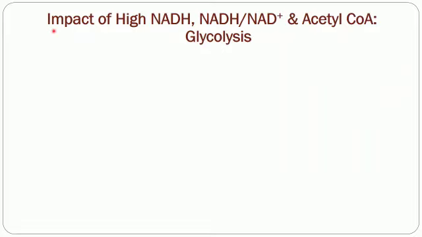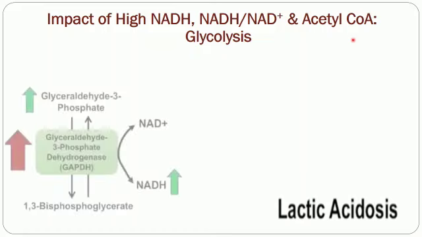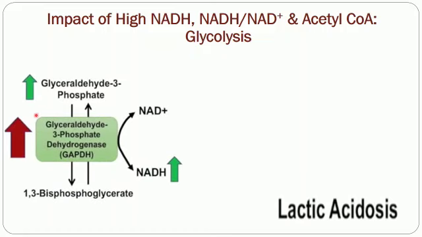Now let us see the impact of NADH, NADH to NAD ratio, and acetyl CoA on different pathways, which we just mentioned. We will discuss it a little more in detail. So the first thing that we discussed is that glycolysis is increased.